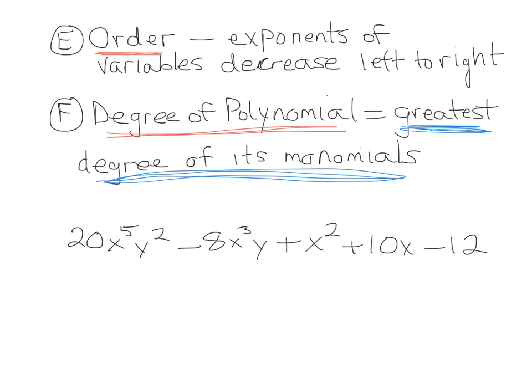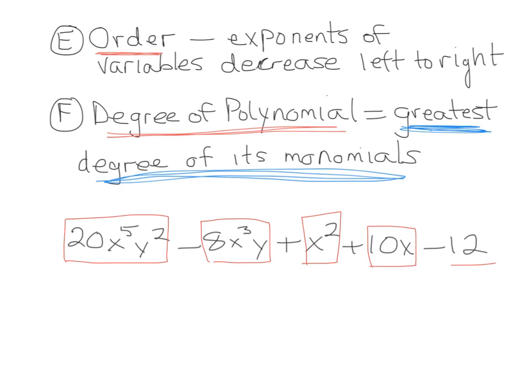This is a polynomial. Poly. It has one monomial, two monomials, three monomials, four monomials, five. The monomials are separated by either subtraction or addition.